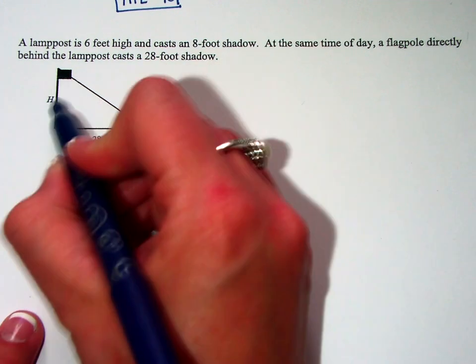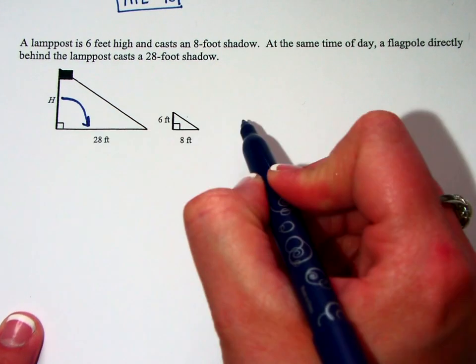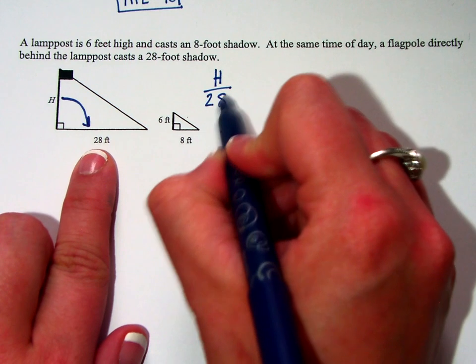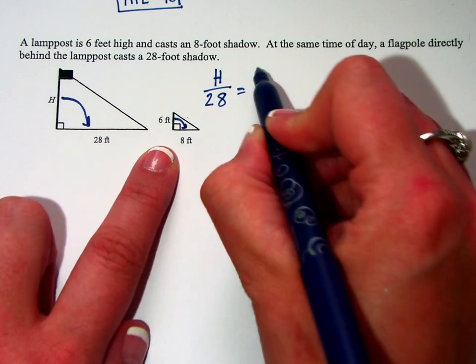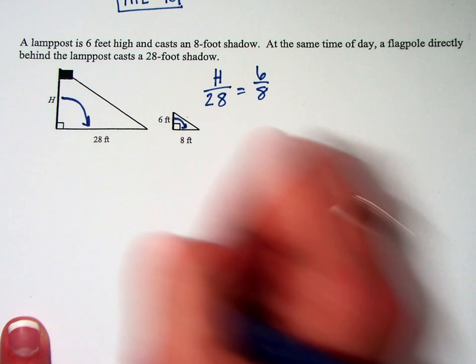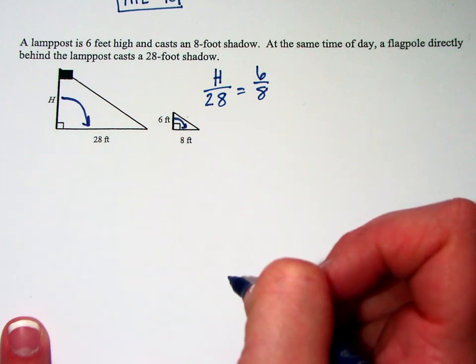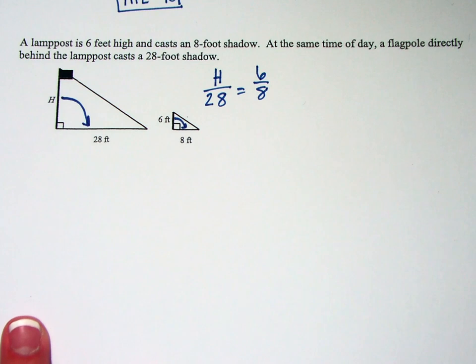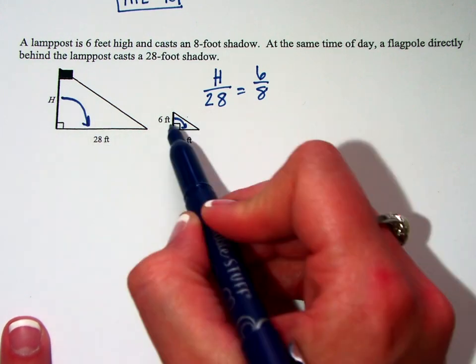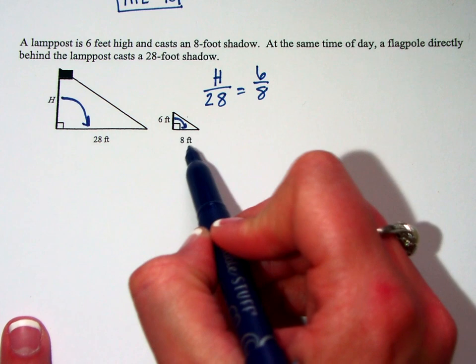The way I always do this is height over shadow. Height over my shadow equals height over shadow. So how tall the shape is first, over its own shadow. Height of the flagpole over shadow equals height of the lamp over shadow.